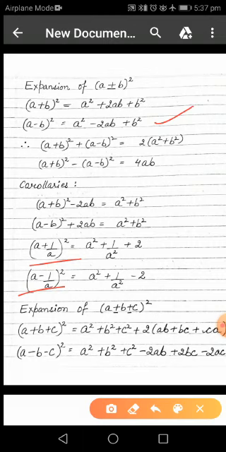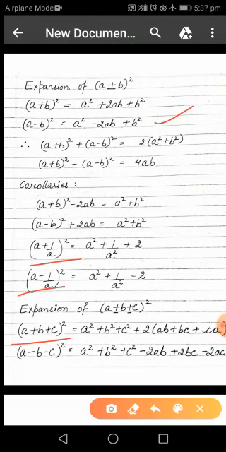Next we have the expansion of a trinomial, that is an expression which has three terms, and this is to be expanded in the power of 2. So we study a plus b plus c whole square is equal to a square plus b square plus c square plus 2ab plus 2bc plus 2ca.